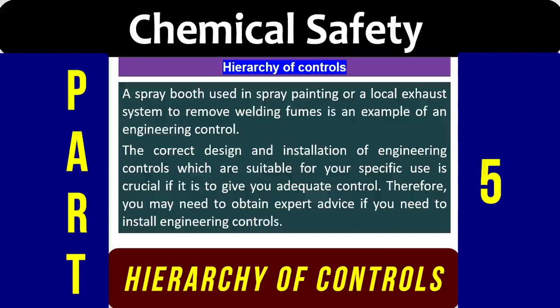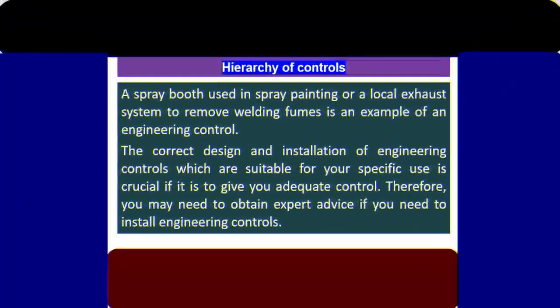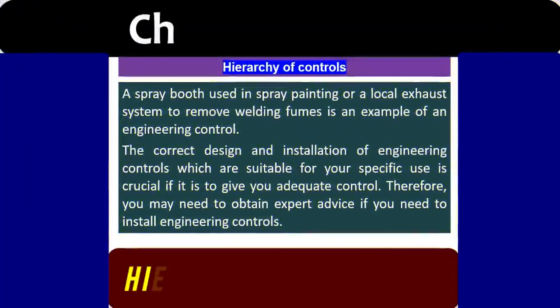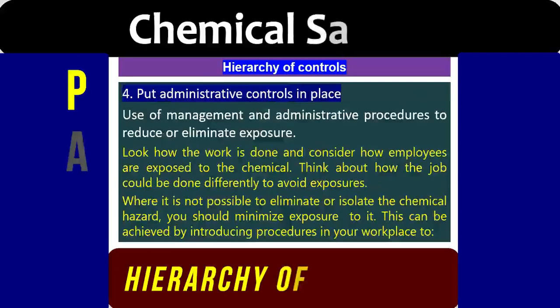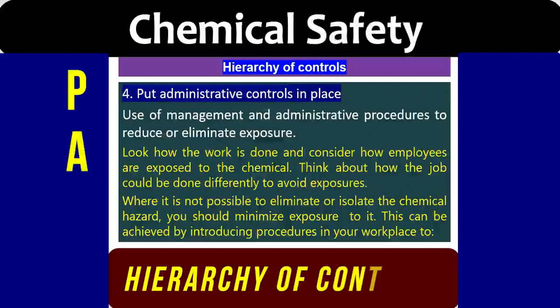This is not in the capacity of a general site foreman or a supervisor. This needs an expert who knows about engineering controls, how to use them, and how to select the right engineering control as per the nature of the task and as per the severity of the risk from the chemical on site.